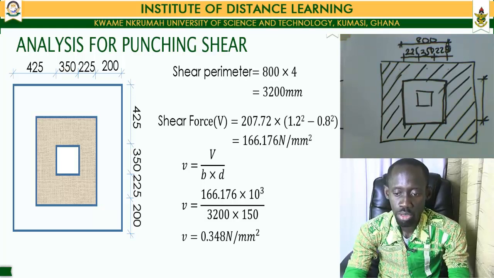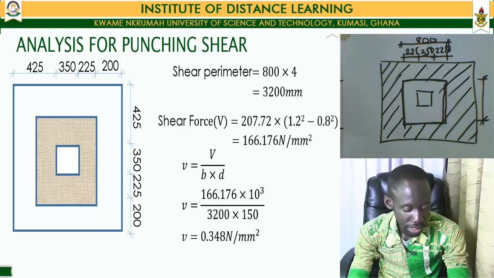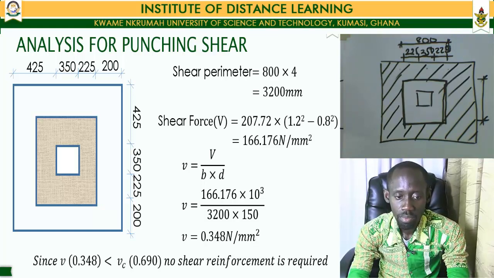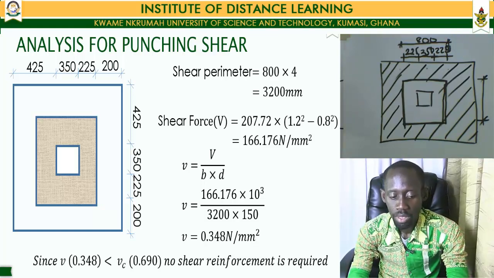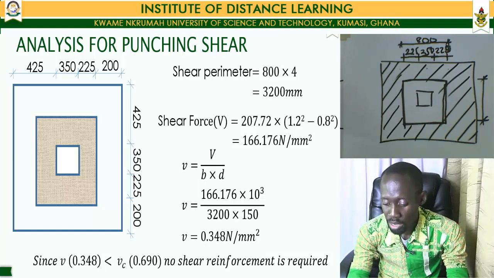It means that from the table we looked at before, we are not supposed to provide any form of shear reinforcement within our pad foundation. So then, as has been stated, since our V value, which is equal to 0.348, is less than our VC, which is equal to 0.690, no shear reinforcement is required in our section.